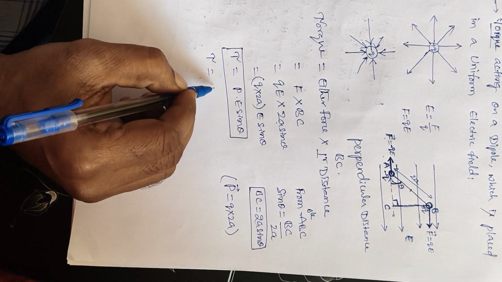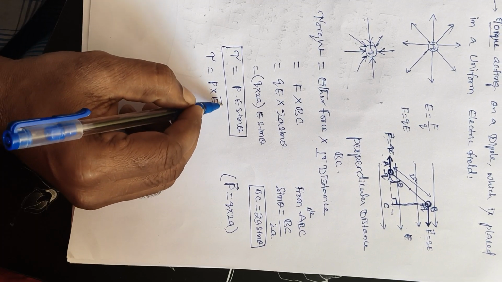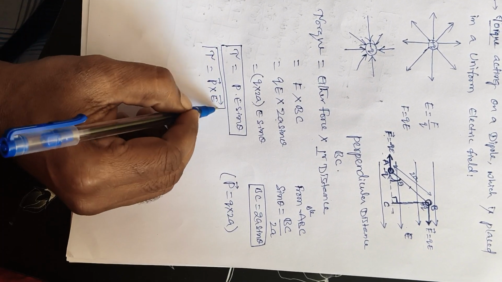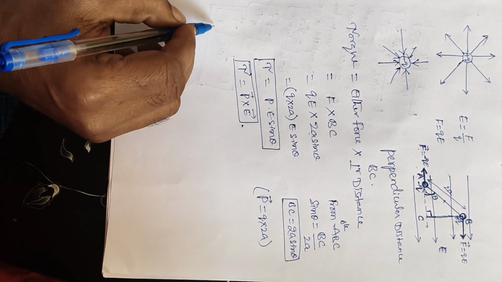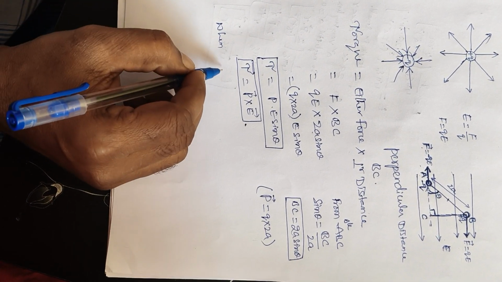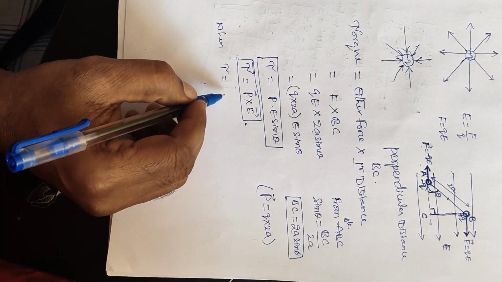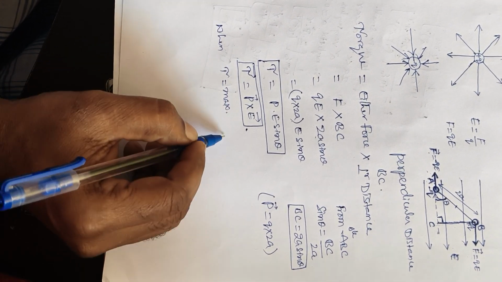The vector form is written as tau equals p cross E. This is the torque vector equation. Now, when is the torque maximum?